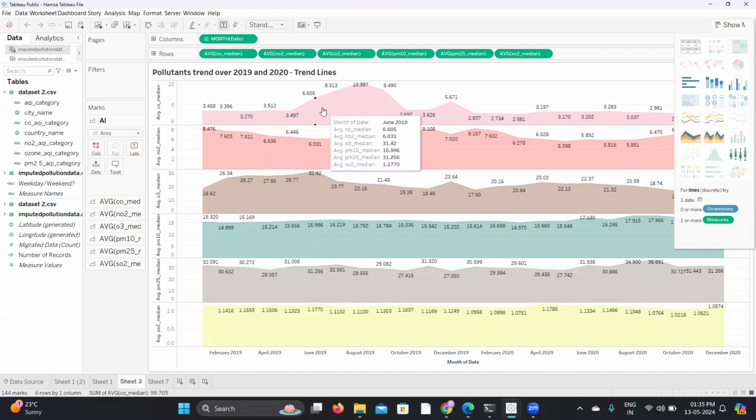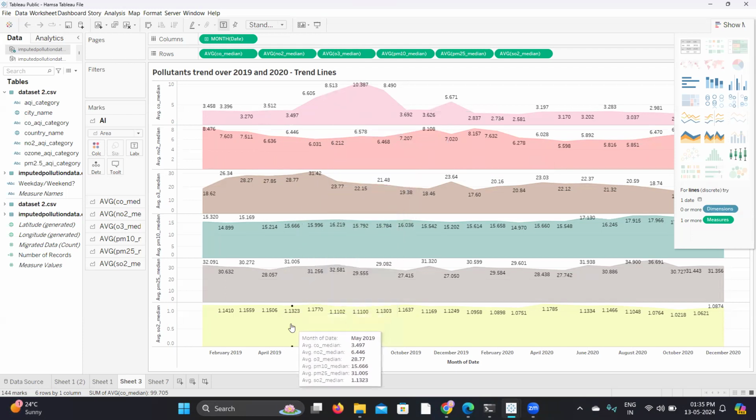Each factor, each element, is described with a particular color, which we used: for carbon monoxide it is pink, for NO2 it's orange, and then brown, green, gray, and yellow.